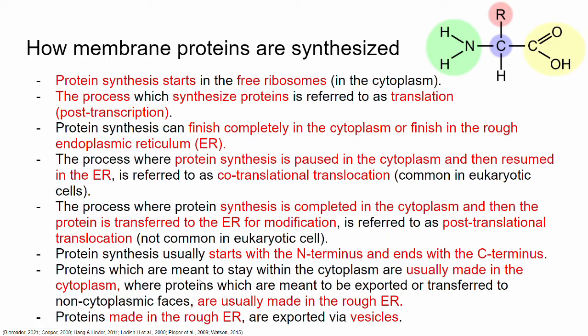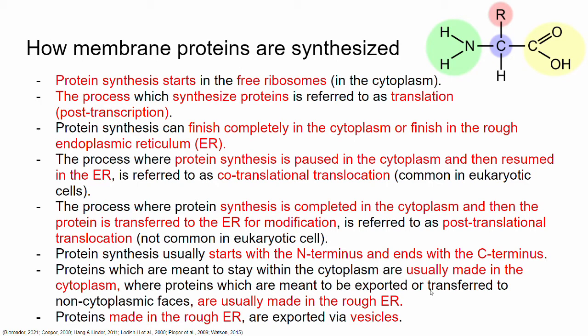Proteins which are meant to stay within the cytoplasm are usually made in the cytoplasm, whereas proteins which are meant to be exported or transferred to non-cytoplasmic phases are usually made in the rough ER. This is connected to the point that I talked about here.